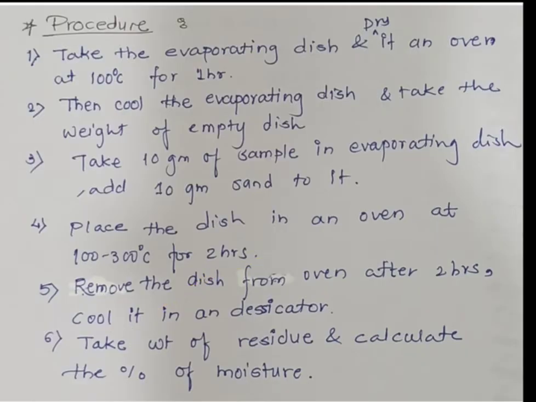The procedure for this is: initially, take an evaporating dish or a petri dish. Keep this dish in an oven for 1 hour at a temperature of 100 degrees Celsius. We require a dry dish because we only want to find out the moisture and volatile matter from the detergent sample, not from any other material.